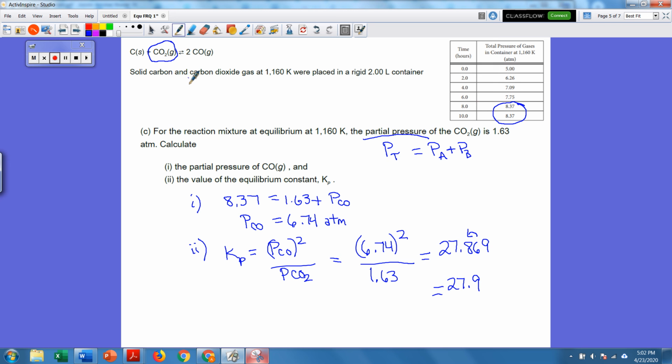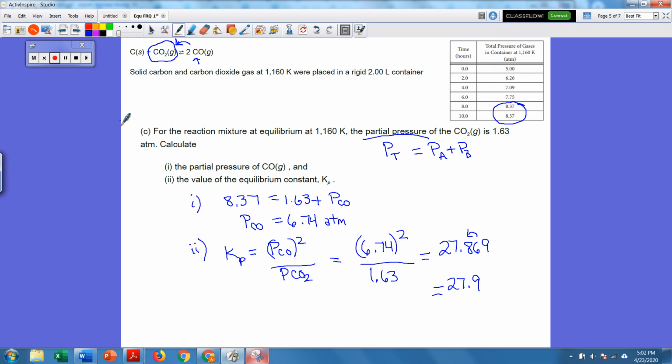That is part of Le Chatelier's principle: if we change things like pressure, temperature, or concentration, we're going to shift the equilibrium in one direction or the other. If we are adding some of our product, then we are going to be shifting back in this direction, because the more carbon dioxide we have, the lower the pressure is going to be, and so the reaction is going to be favorable in that direction. I mean, up to a certain point.